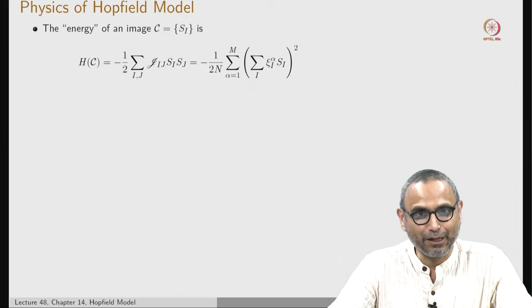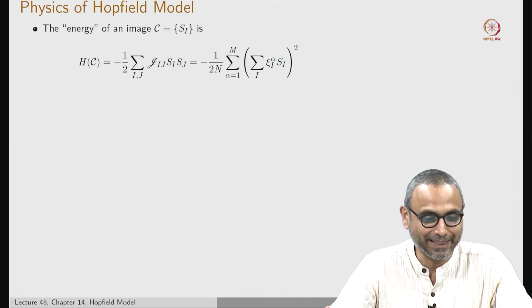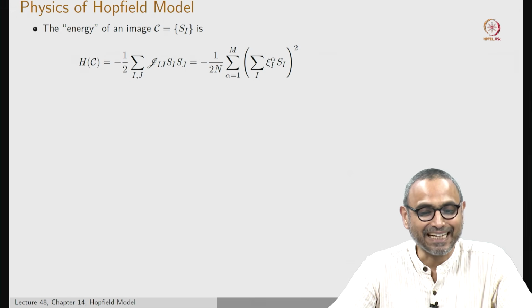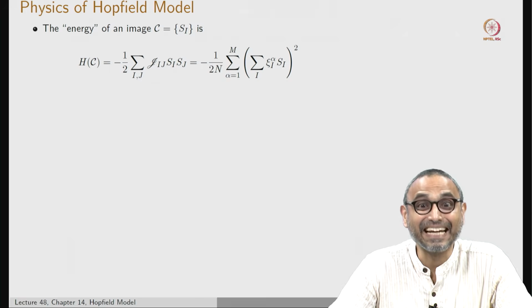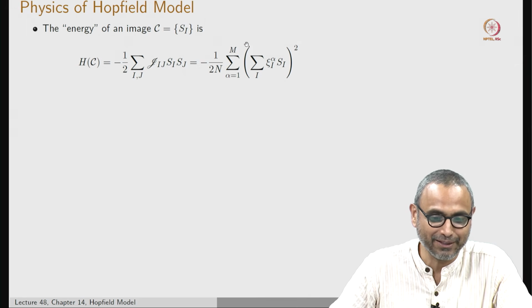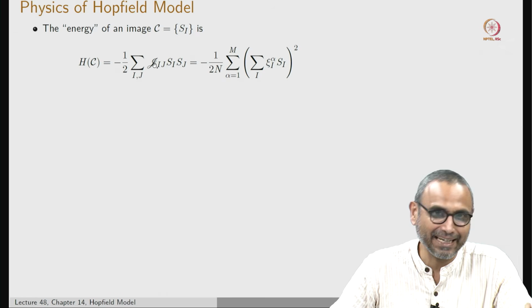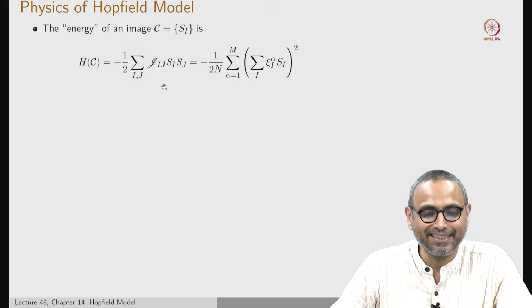So the whole game in the Hopfield model, now we look at the Hopfield model from a very physics perspective. We say that every image has an energy, and this is just the Hamiltonian associated with the image. This is what we defined. And the way I defined Jij, it will take a little bit of algebra, it is not too difficult, you can just figure it out yourself, that this term can be re-expressed as the following.